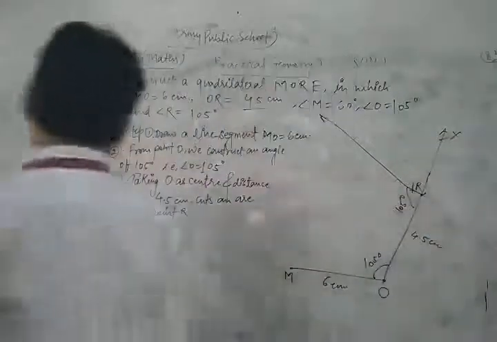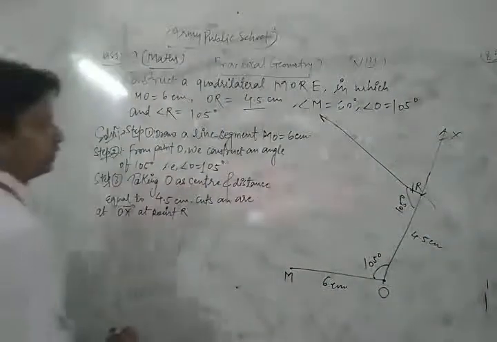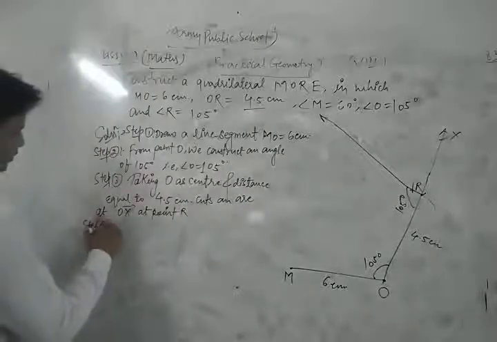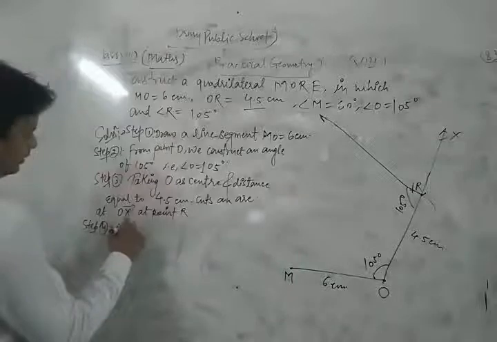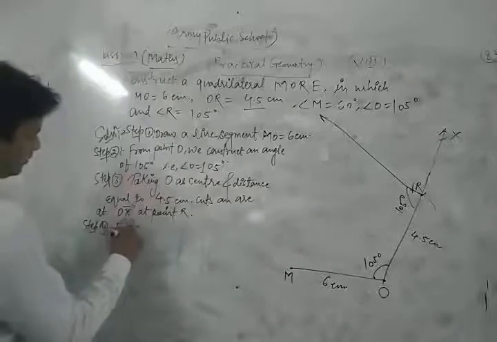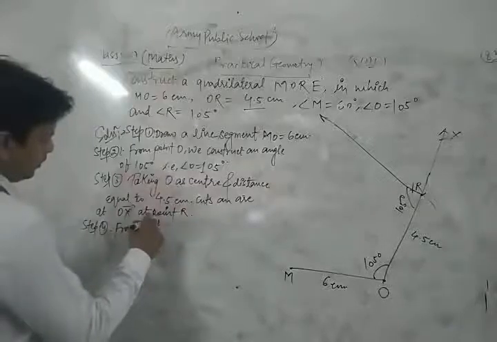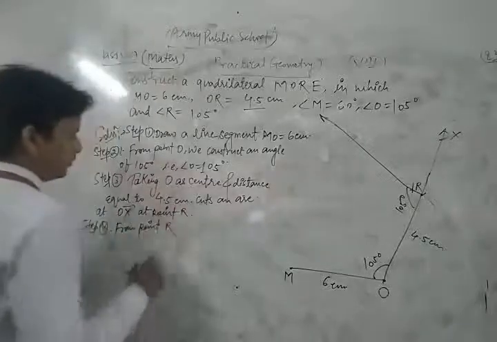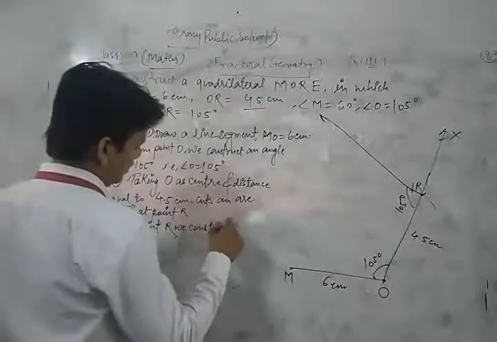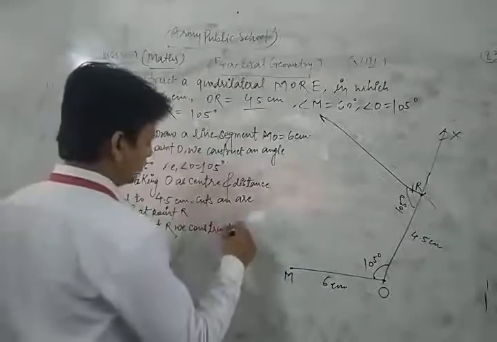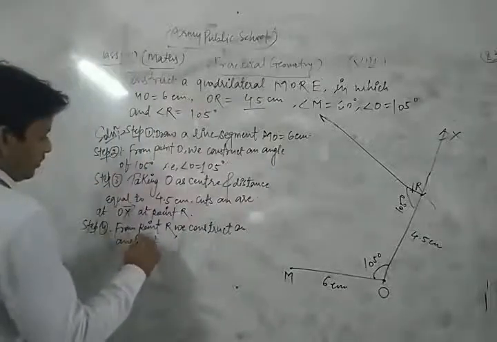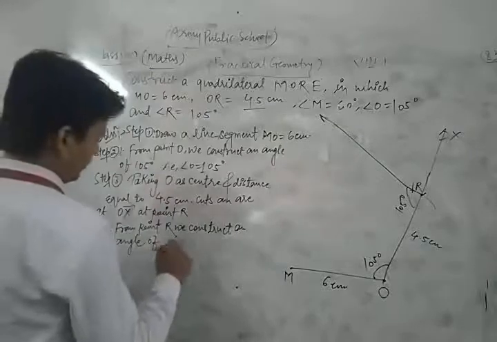In the next step, this is step 4: from point R we construct an angle of 105 degree.